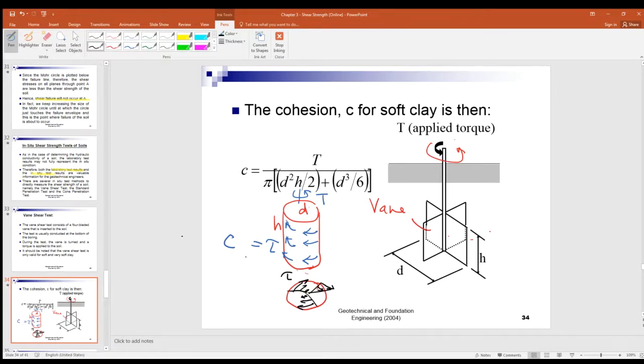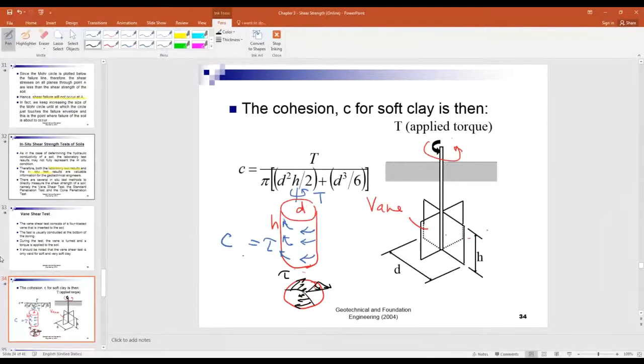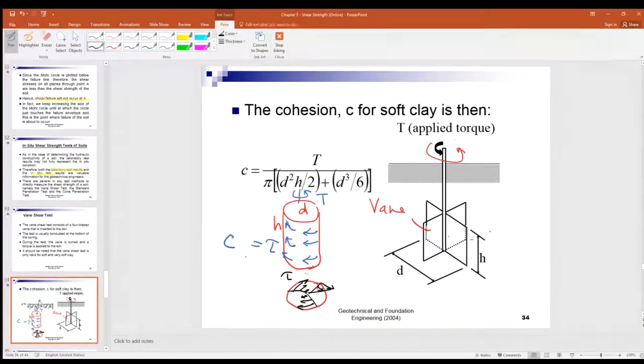So on site, when you measure the dimensions of these vanes, D and H are known, and you apply the torque. The torque is known, right? So from this equation, you can work out the cohesion of the soft clay in which you have inserted your vane.